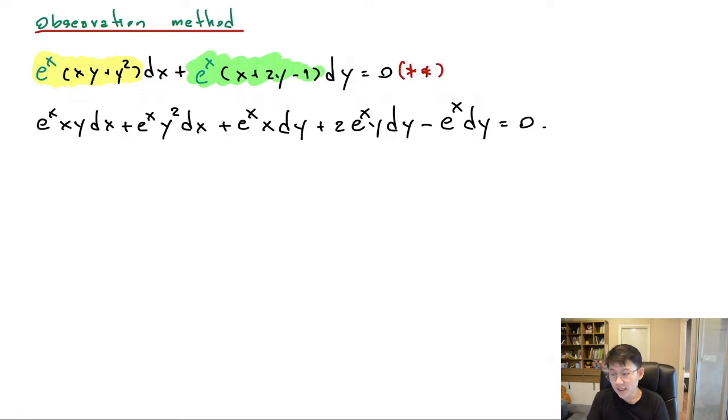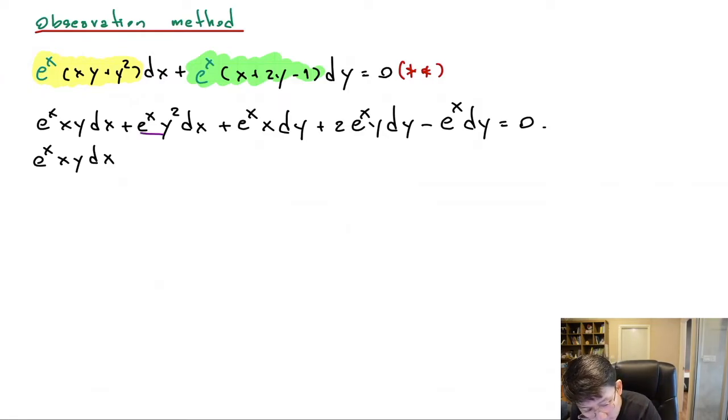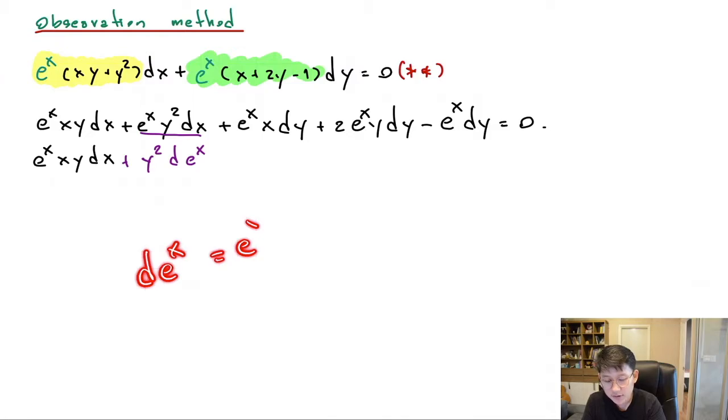And after that, first, I'll keep this one the same, but this one, guys, if you look at it, it's actually y squared d of e to the x, right? Because don't forget, d of e to the x is e to the x dx. So you have e to the x dx, that becomes d of e to the x, okay?